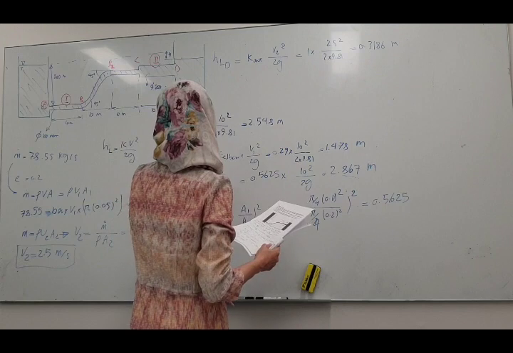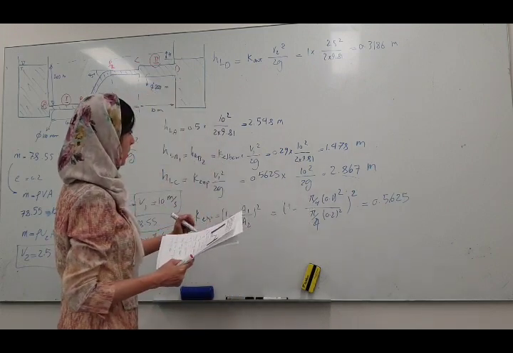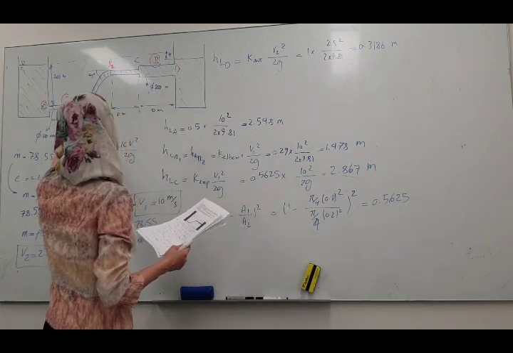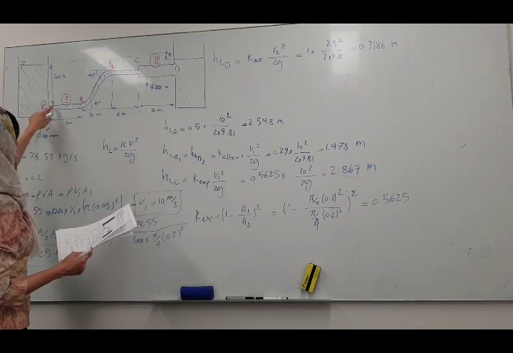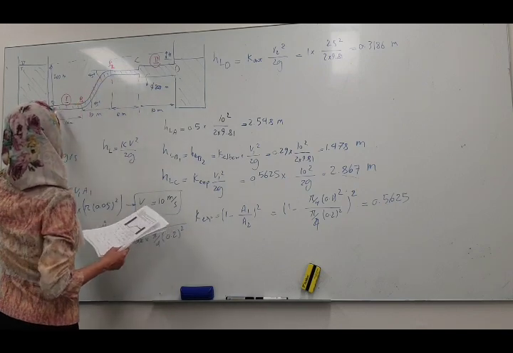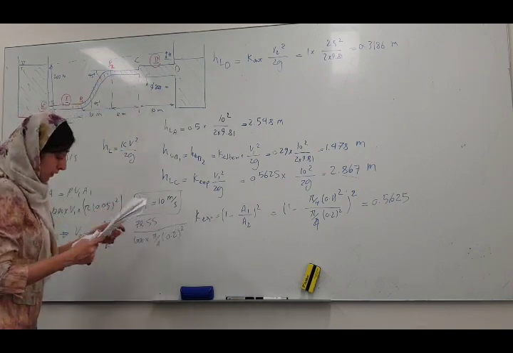Okay, now we have computed all the head loss associated to the junction. We need to find the head loss due to the friction in the first pipe and second pipe.